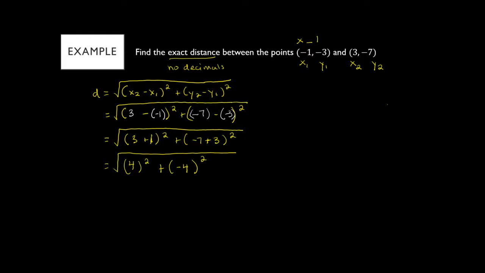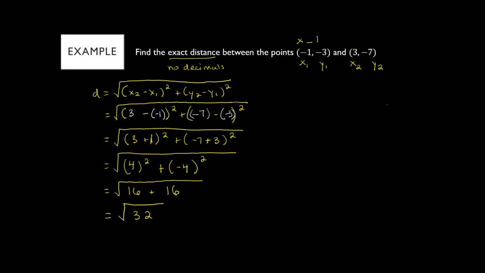Now we want to do the exponent. So now we need to square these numbers. 4 squared is 16. And -4 squared is also 16. So when you square a negative, you get a positive. So now we want to add inside the square root. 16 plus 16 is 32.